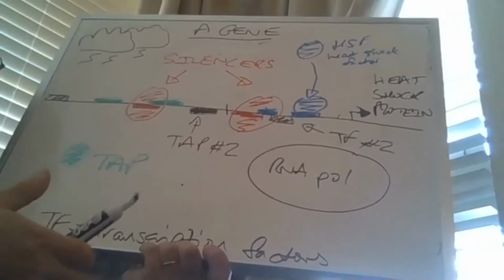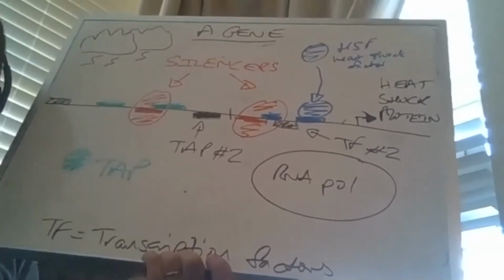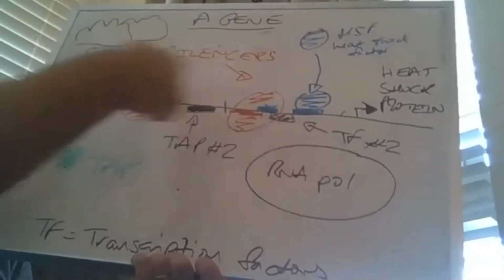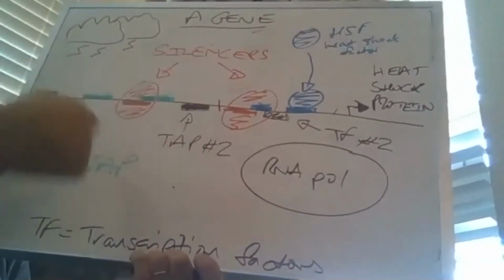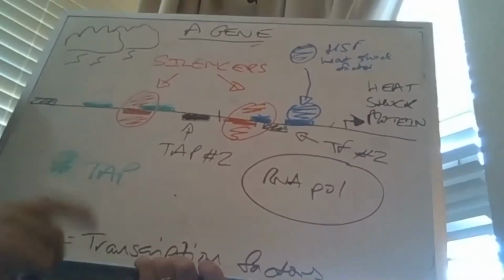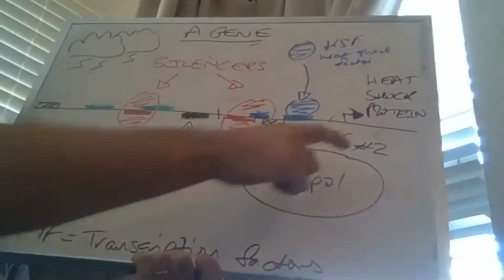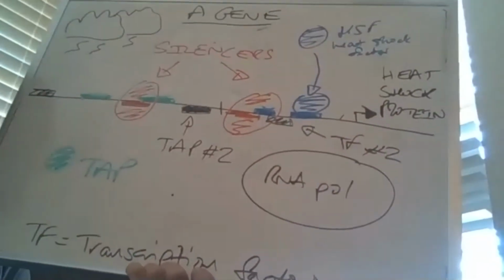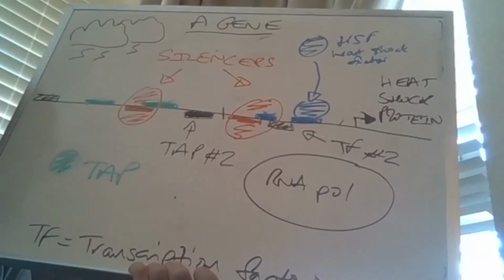Well, essentially, I'm kind of muddling things a little bit now, but essentially, what combination of cis response elements, or cis regulatory elements, you have here is what decides the specific transcription of that gene.